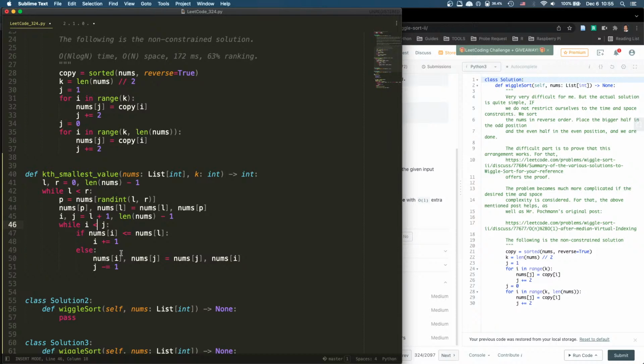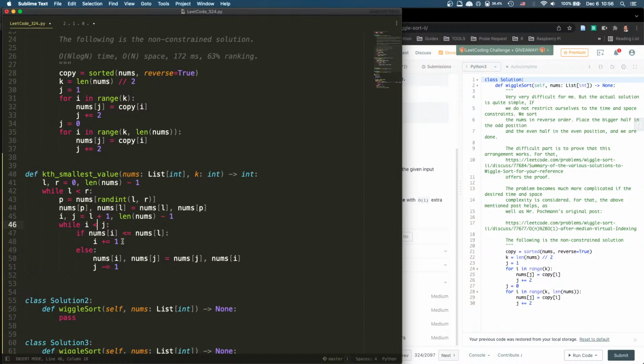We swap with j, and then we go back up. We check again. We swap with j until this value is smaller. Then we move forward, right? Now if we move forward and they become equal, then I need to minus 1.